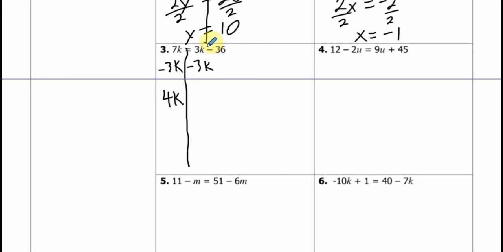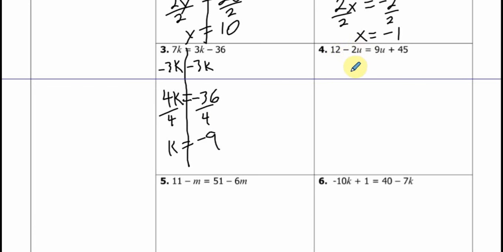It's not a positive. If you're taking away 36, that's like having a negative 36. And then it's 4 times k equals, so we divide by 4, divide by 4, k equals negative 9. All right.